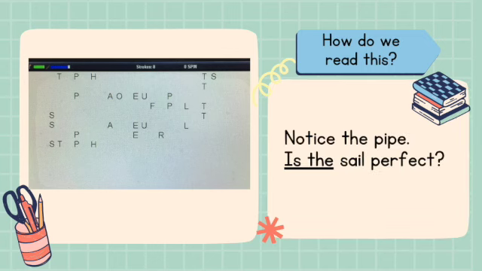So do you have the correct answer? The first sentence is, notice the pipe, period. The other one is, the sale perfect, that ends with a question mark. Okay, so I believe you got it right again. Congratulations. You already know how to read sentences.